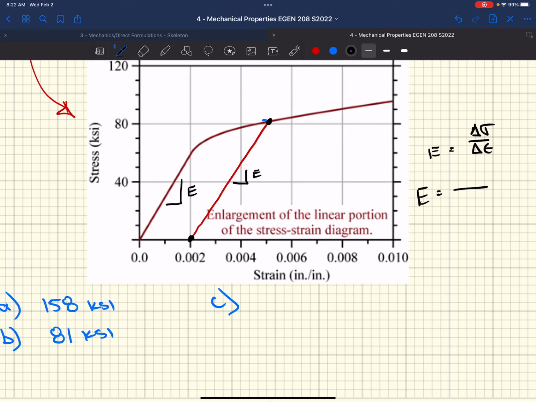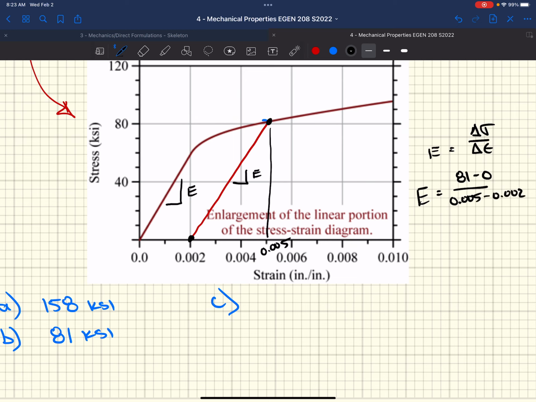Because you guys had to have 81 for some reason. Or 81 minus 0, that'd be the rise of that curve. The run of that curve landed somewhere there, so we're at 0.002 to 0.005. So we go 0.005 minus 0.002.